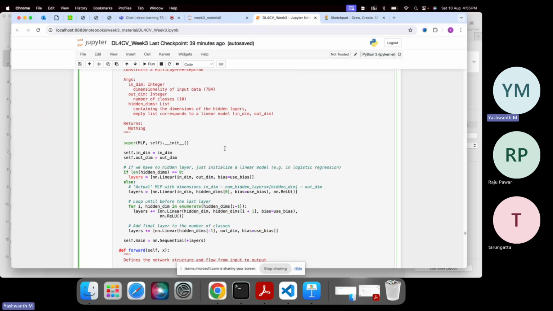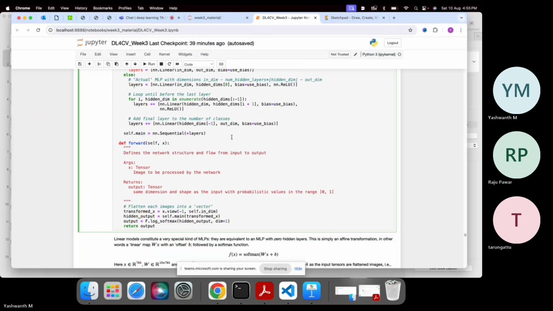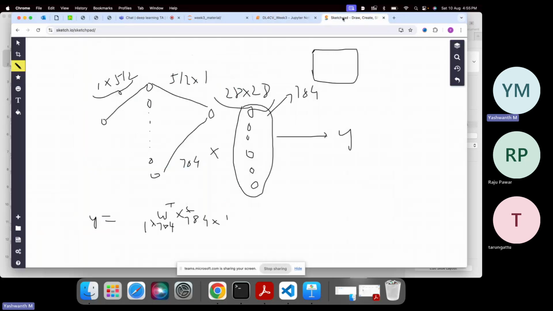And I think there is non-linearity also that's being used. Okay, as of now, I think there's no non-linearity here. And yeah, this thing Y here is of 10 dimensions because we have 0 to 9, 10 classes to classify.